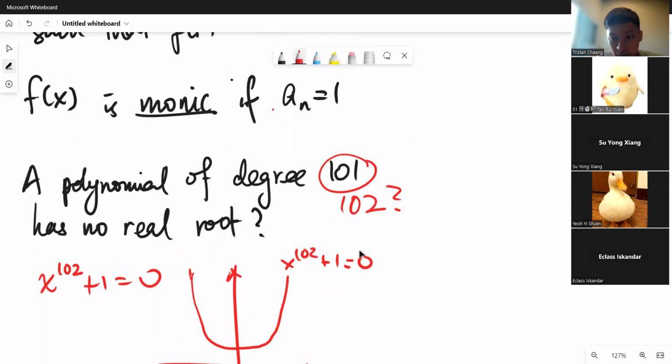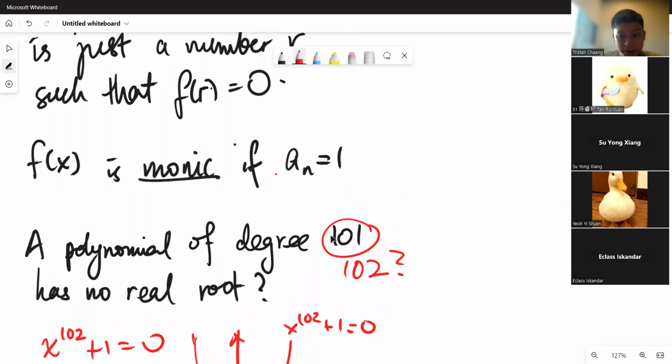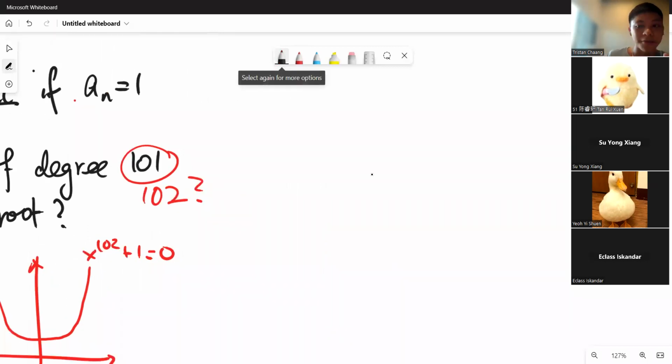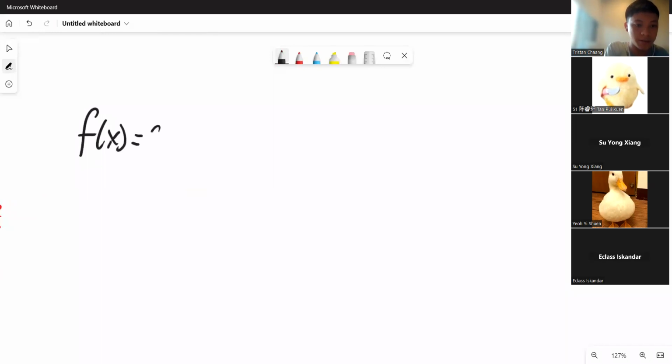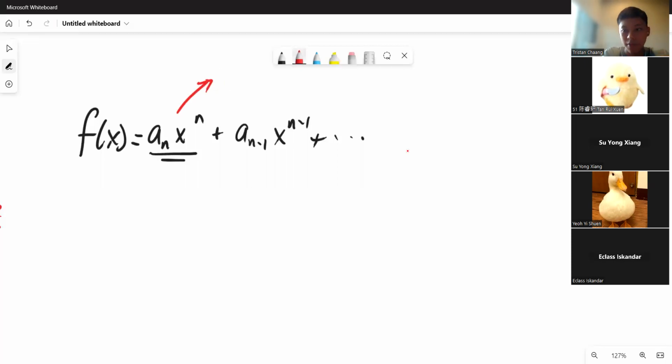What was just said is that if we look at a polynomial with odd degree, the key thing is that this first term, the leading term, in very casual terms, we say it dominates when x is large.